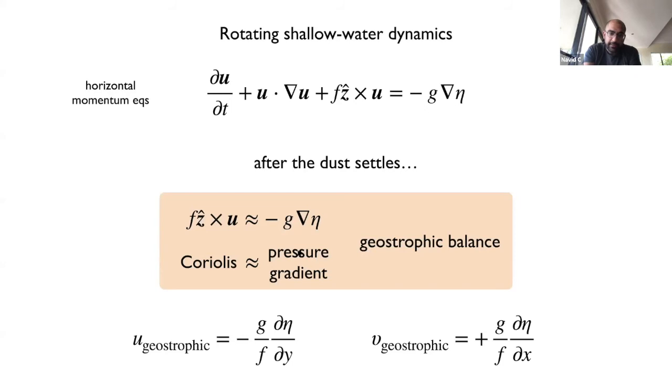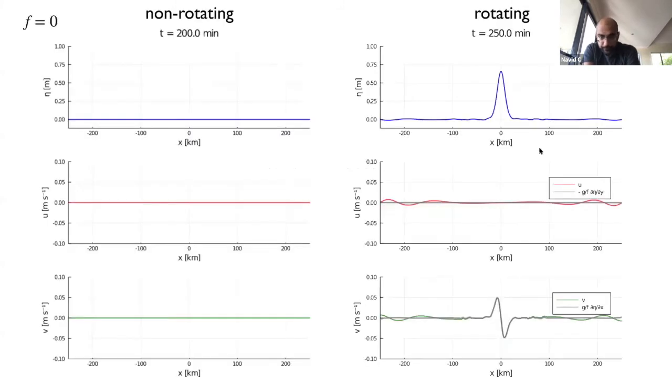So if we go back into the last snapshot of the solution and plot on top of that the u and the v geostrophic velocity that would have been predicted from geostrophic balance alone, we see that geostrophic balance, of course, predicts zero u velocity because our solutions here are one-dimensional. They don't vary in latitude, they don't vary in y, so this is exactly zero.